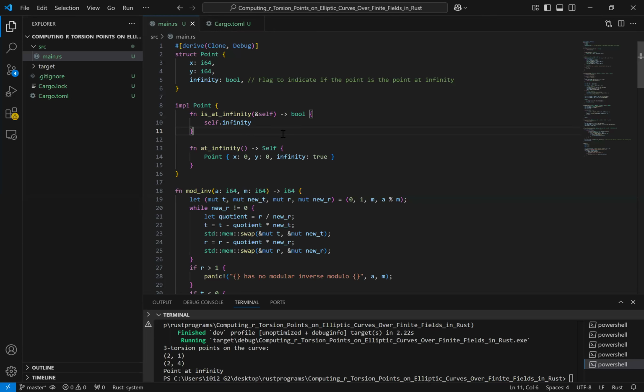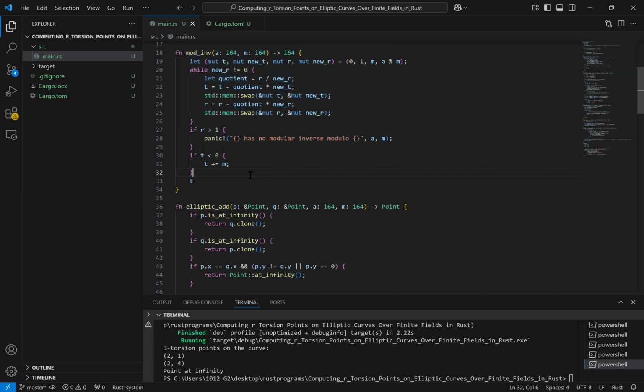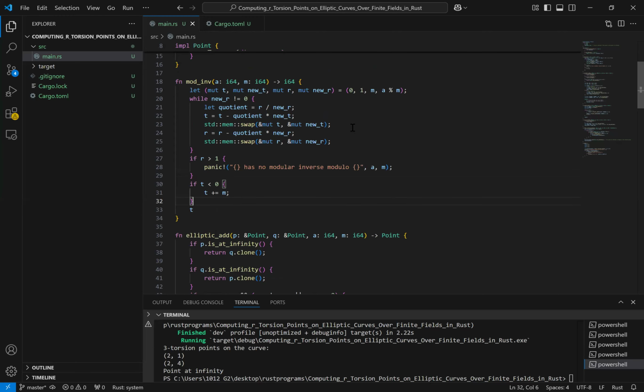The infinity is (0, 0). Now, before we go there, we have a function that will be getting the mod inverse, the inverse of a point, giving us the inverse of a point whenever it is required.